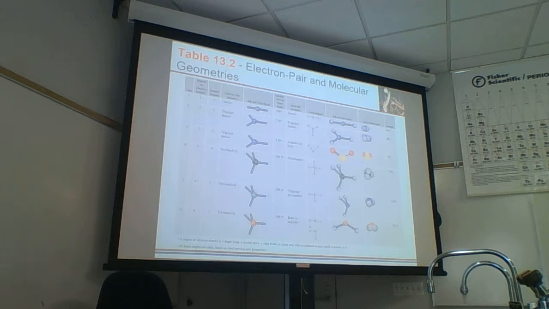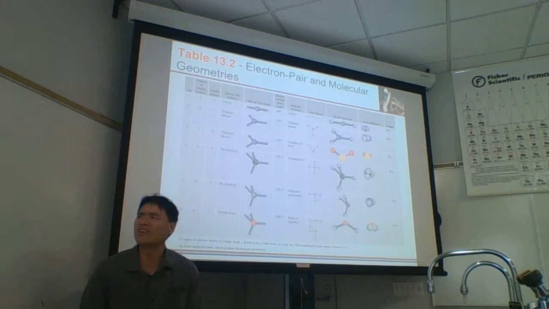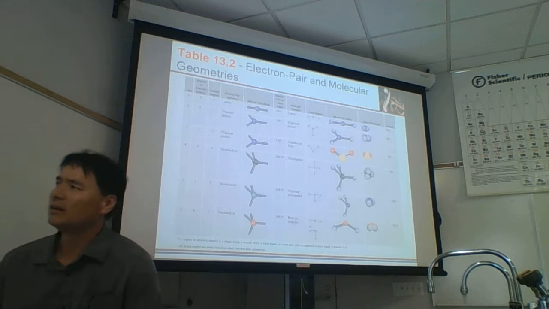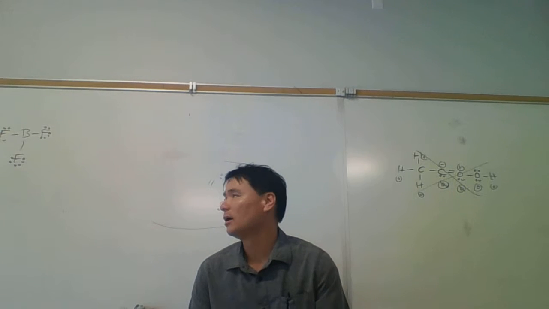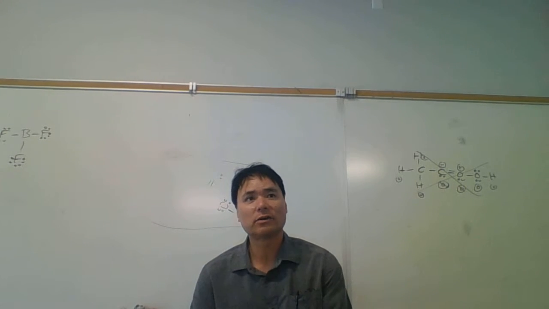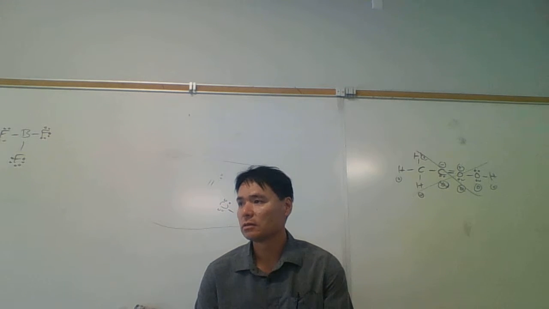But that's a Lewis structure. Now, if I want to draw like a more 3-dimensionally accurate drawing of this, we're going to call it a wedge and dash diagram. Then I'd pay attention to the angles.